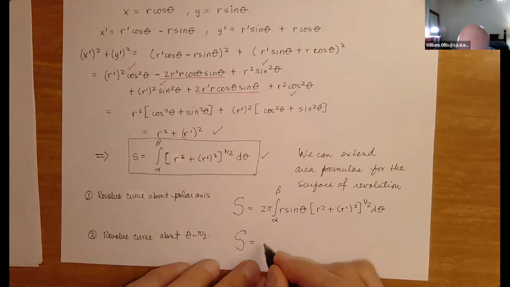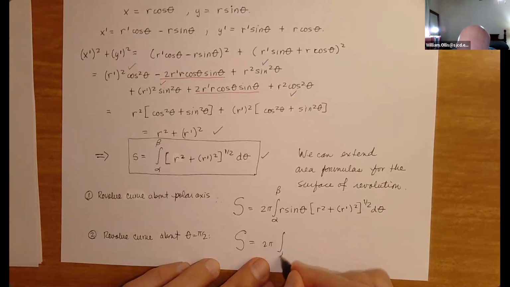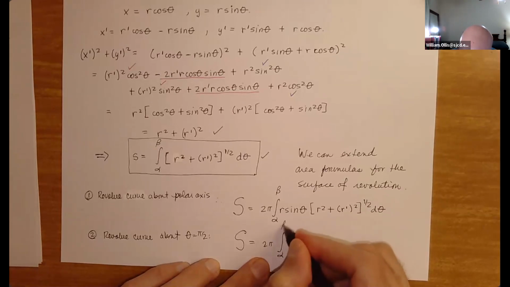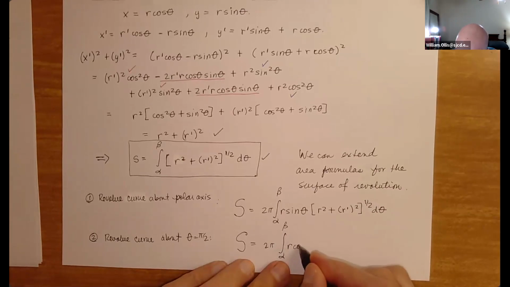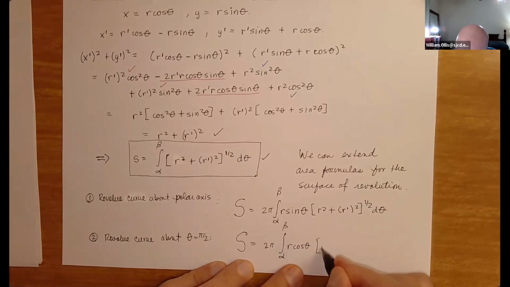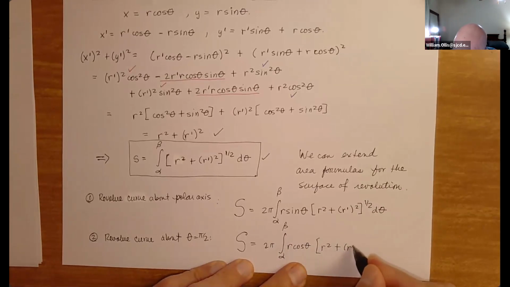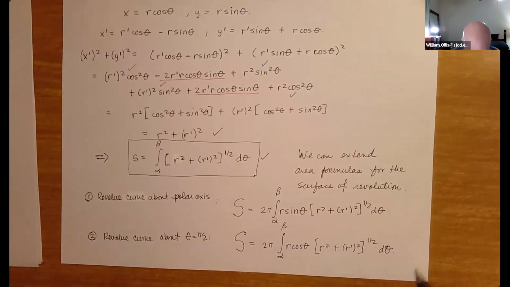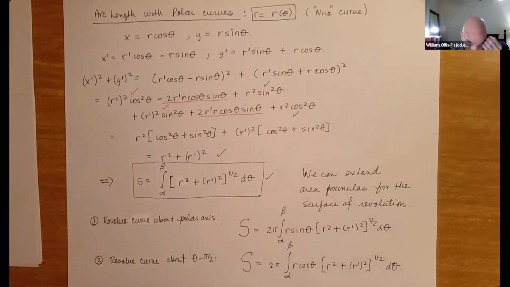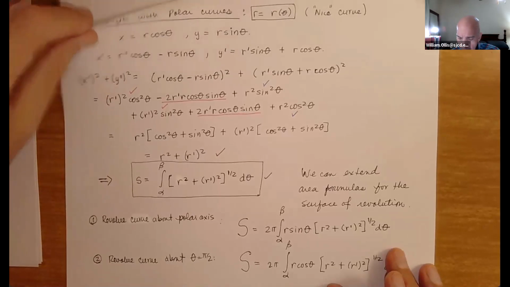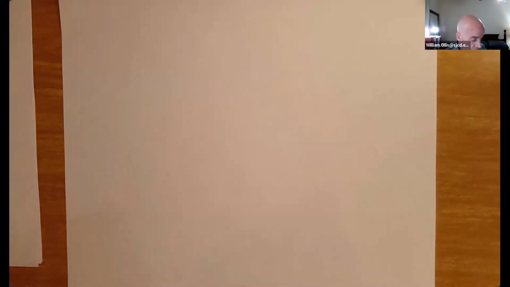S, so we have 2 pi, alpha to beta, distance to the theta equal pi over 2 axis, r cosine theta, times r squared plus r prime squared to the 1/2 d theta. So this just gives you the formulations that you need for polar. Okay, so let's look to see how we can use them. Very simple derivation, but important.